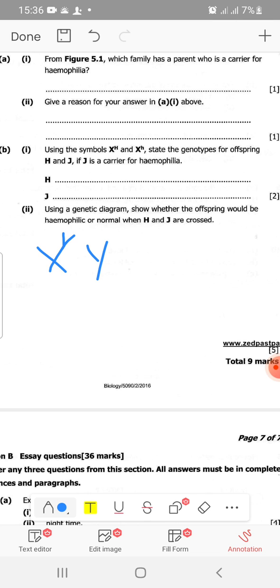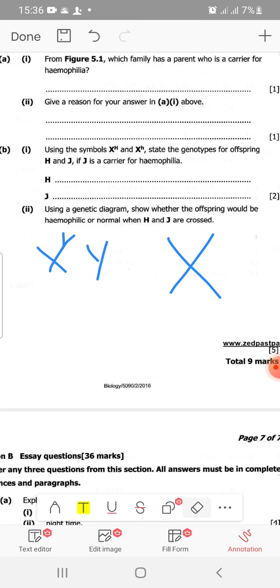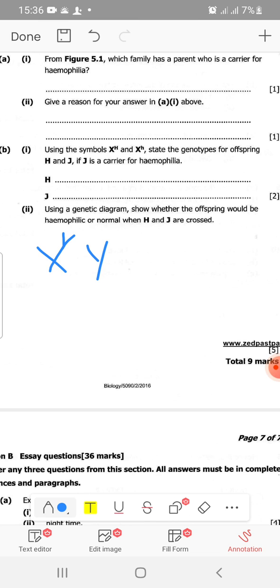Then for the other one, this is for H, then this is for J now. You need to write small things, don't have space. So we have the small letter x, then capital letter R there and small letter r.